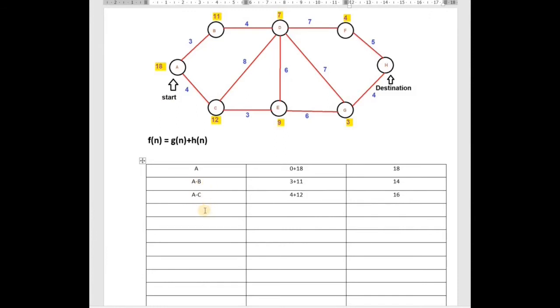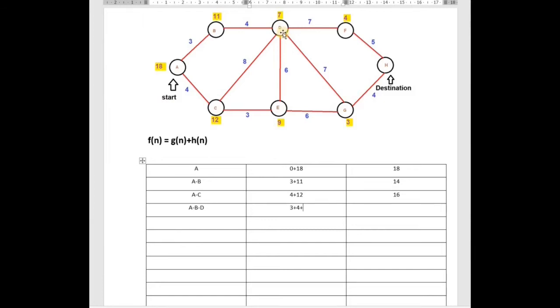So first I will consider A to B. From B, which node can I travel to? I can travel to D. So I will calculate A, B to D. The cost of reaching from A to B is 3, plus the cost of reaching from B to D, which is 4, plus the heuristic value of D. We have to calculate the heuristic value of the child node which we are going to travel to.